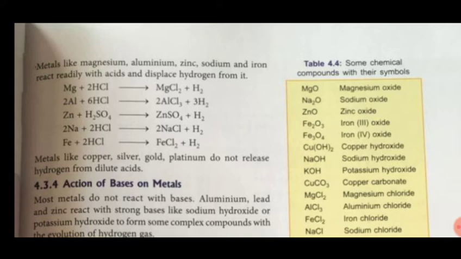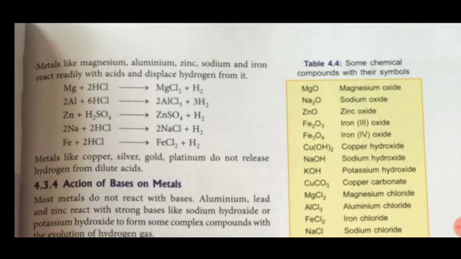For example, if copper reacts with HNO3, in the product it will form copper nitrate and the H2 will oxidize to H2O and the HNO3 will reduce to NO. So the reaction will be Cu plus HNO3 gives Cu(NO3)2 plus water plus NO. So this is one exception.